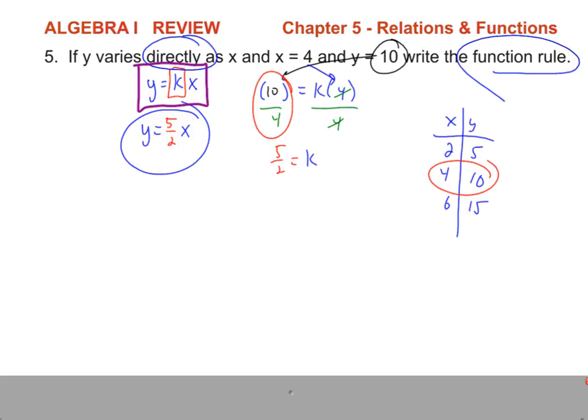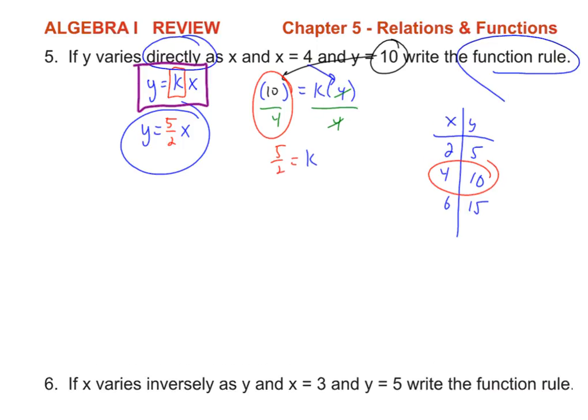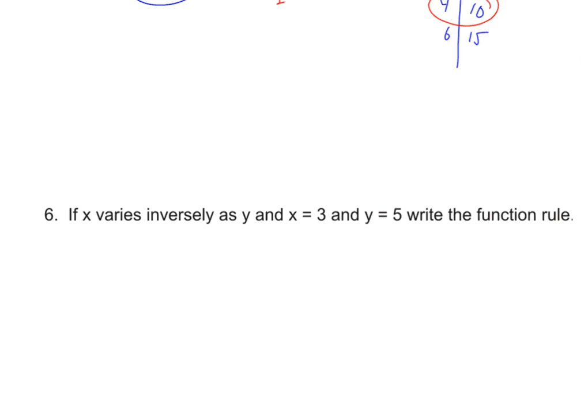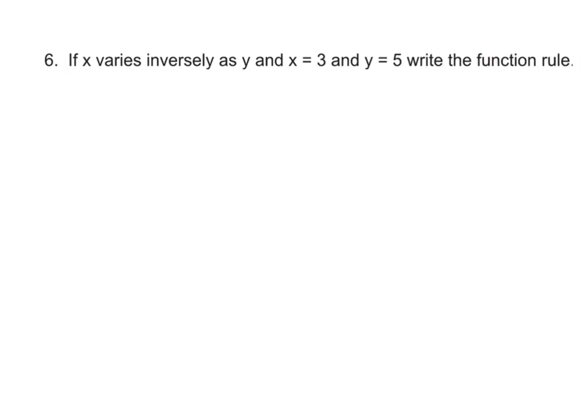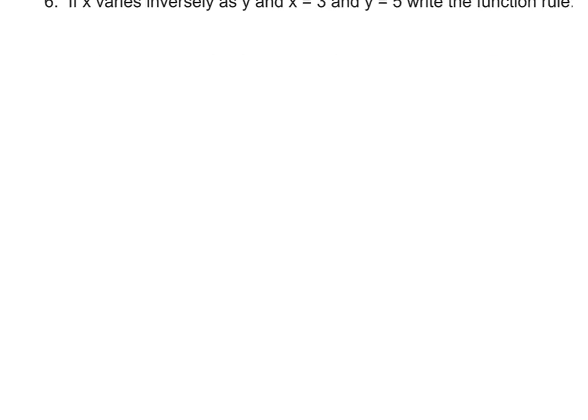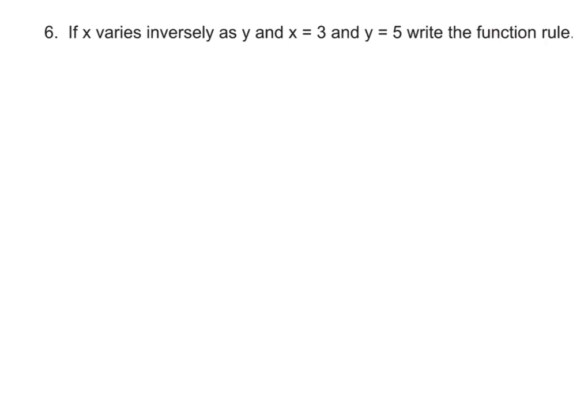So let's take a look at our inverse proportion, or varies indirectly. Same idea, a little bit different wording. Well, in this one, again, you have to remember and have to know the correct function rule. Well, for an inverse, it's y equals k divided by x.